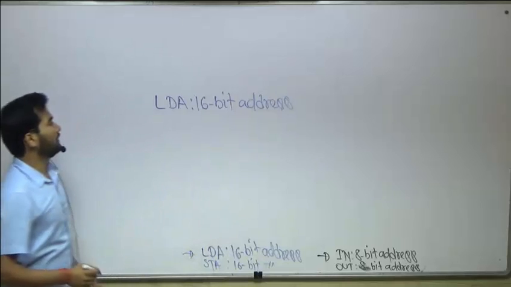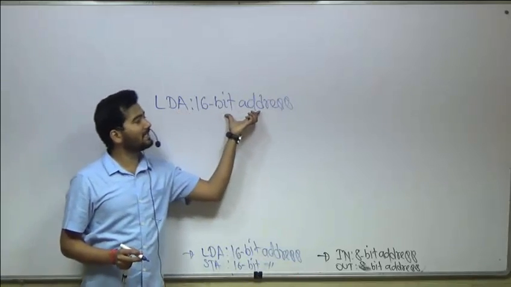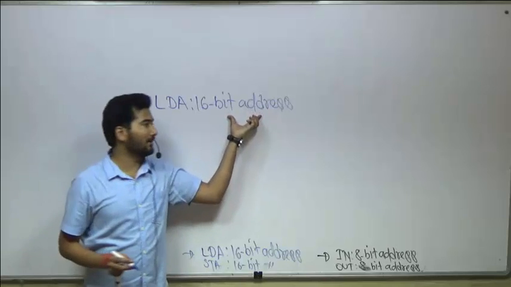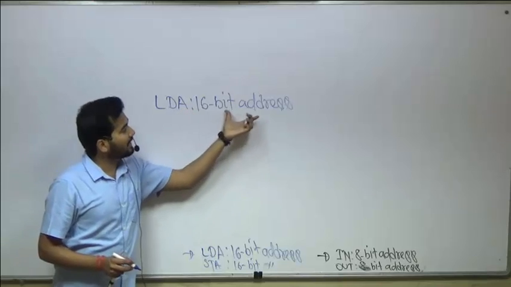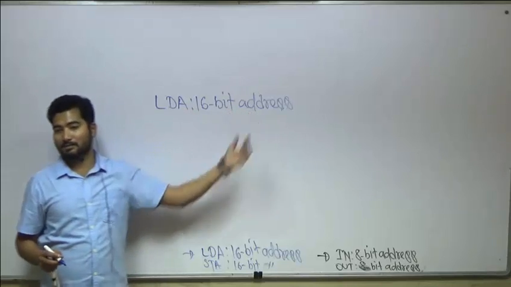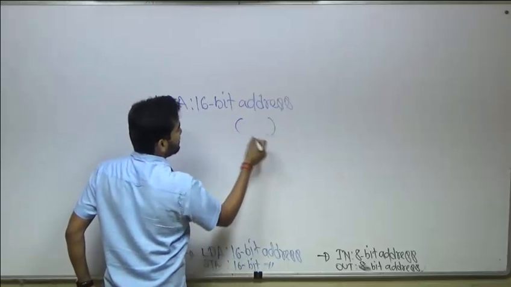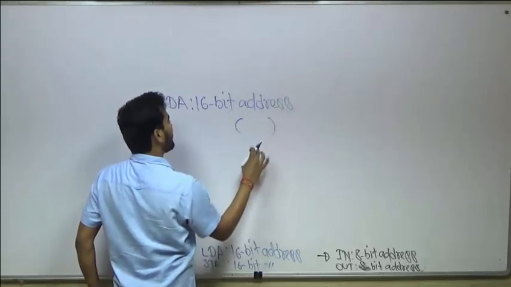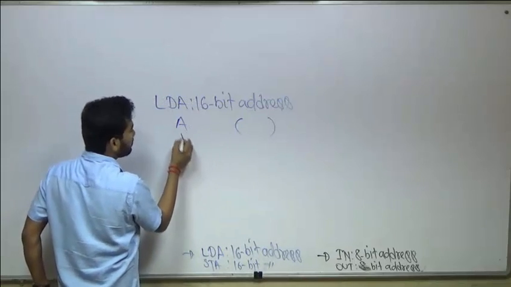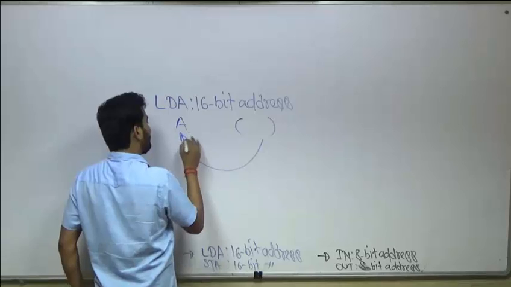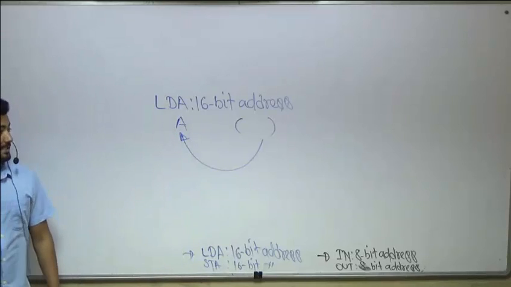This means: load the accumulator with the content stored at the 16-bit address. At that memory location, some data would be there, and this data you want to load in the accumulator. That is the meaning of load accumulator 16-bit address.